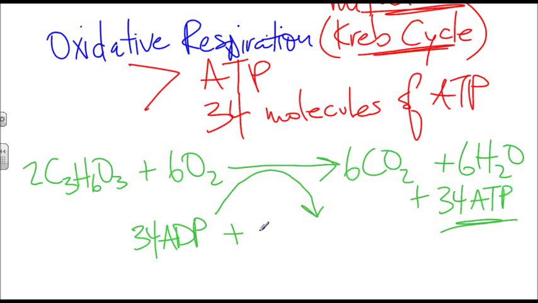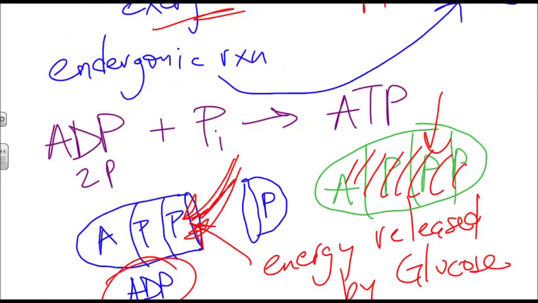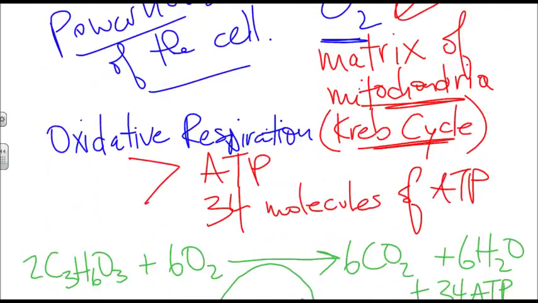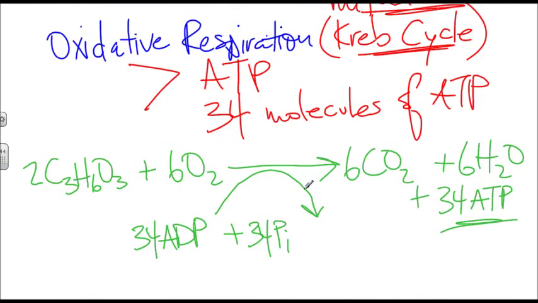We're going to have 34 phosphate ions that capsule that energy and store it. Remember, earlier in the video, when we referred to ADP storing this energy and then capsuling it, like putting a cap on it to form this molecule of ATP that has the energy stored in it. So here we have the reaction of oxidative respiration, or as we said, the actual Krebs cycle.